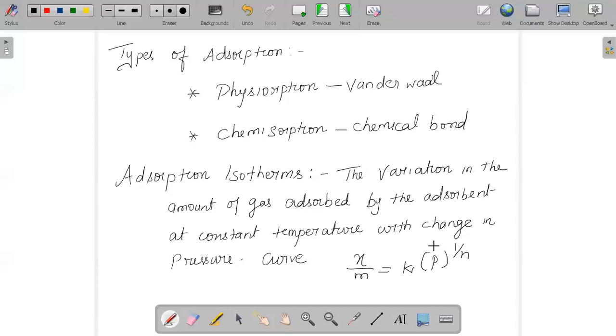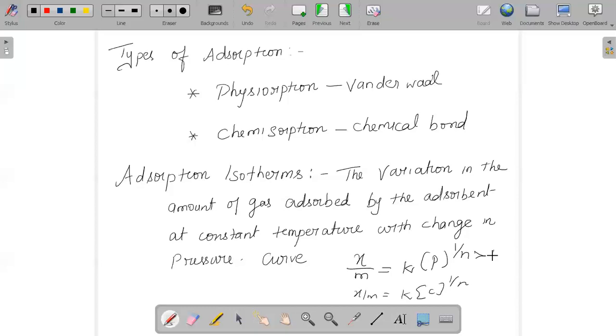If solutions are involved, the equation changes to x by m is equal to k into c to the power of 1 by n, where x is the amount of adsorbate, m is the mass of the adsorbent, p is the pressure, and c is the concentration of the adsorbate. k and n are constants, but do remember n is always greater than 1.